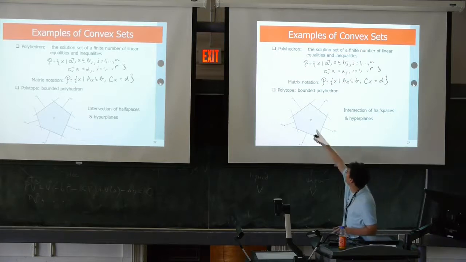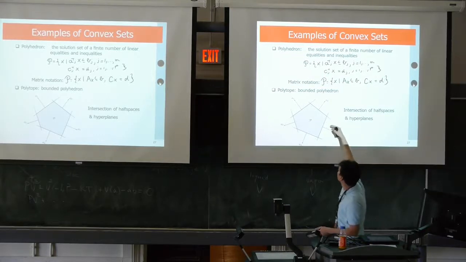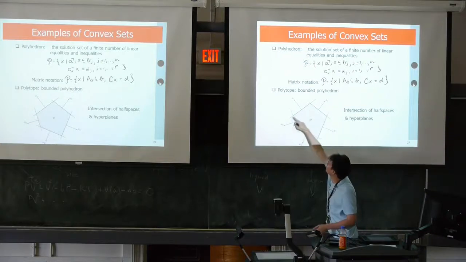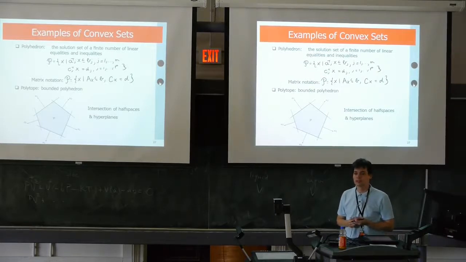So this polytope here is an intersection of those half spaces that are defined by these normal vectors a1, a2, a3, a4, a5. Is it clear?